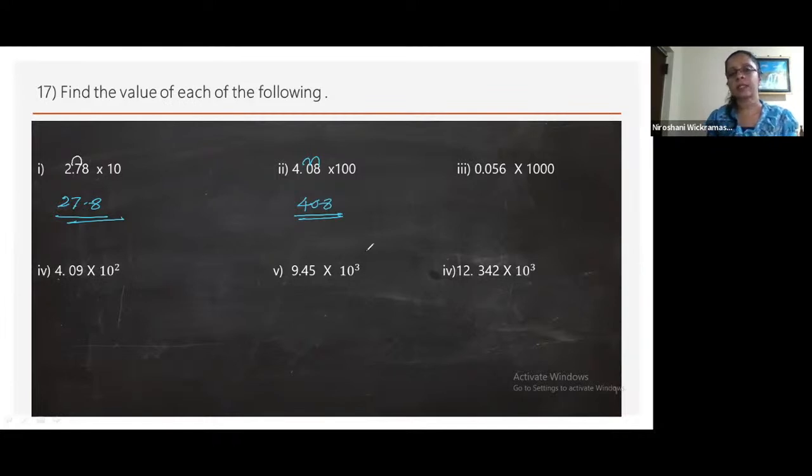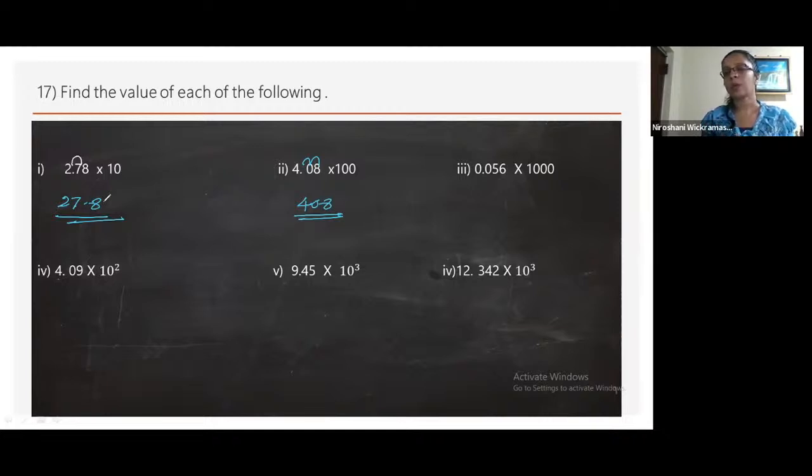So increasing. 2.78 multiplied by 10 means moving 1 decimal place. 1 zero is there. Opposite way of the division, right? 1 zero is there. 1 decimal place forward. 2 zeros are there. Moving 2 decimal places forward. 3 zeros are there. Moving 3 places forward.